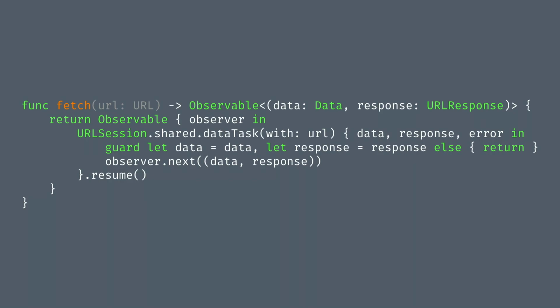But that's not a very useful sequence. A more useful sequence is, for example, a network request, because a network request, you could say, is also an asynchronous sequence of 1.